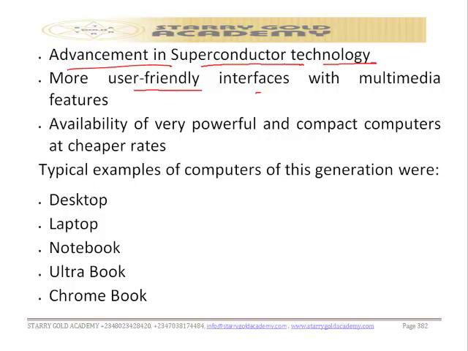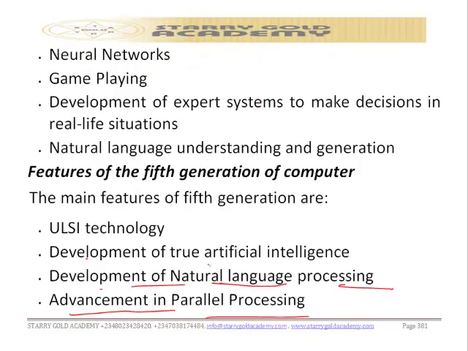So some of the examples of these computers are desktop, laptop, notebook, ultrabook, Chromebook. Okay, so this is all we can learn under what is called computer generation, or generations of computers.